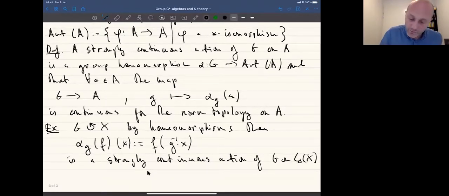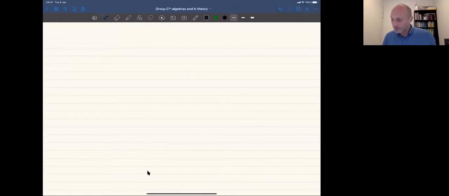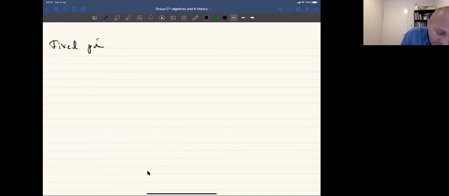Some further remarks on G-C-star algebras. If A carries such a strongly continuous action, then we call it a G-C-star algebra. Now, an object that we will encounter is the fixed point subalgebra.